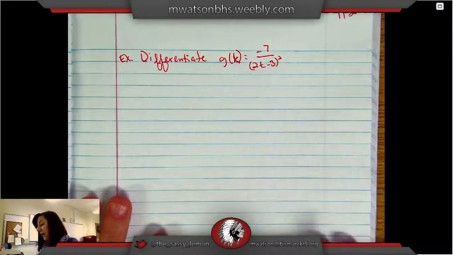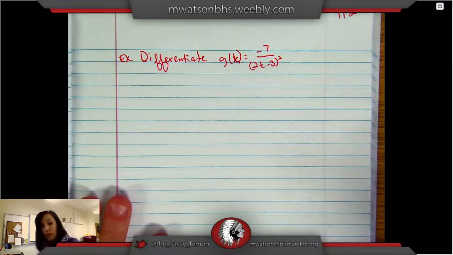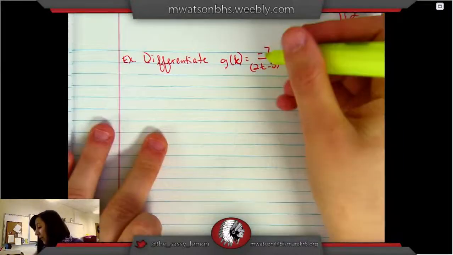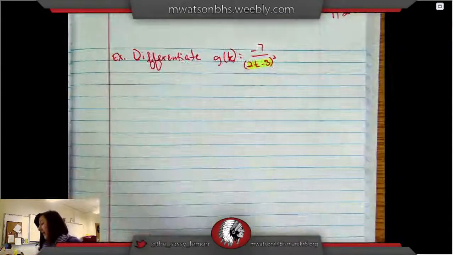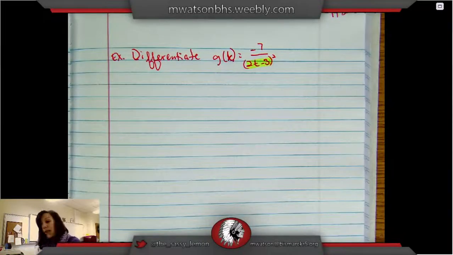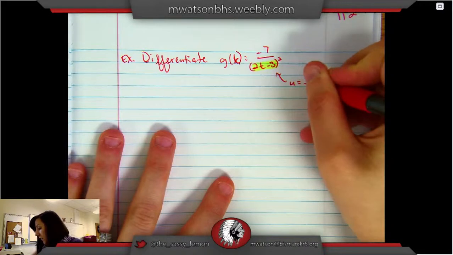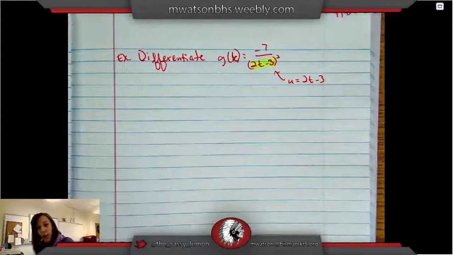Alright, so identify first what our u is going to be. Just mentally, you can identify that, well, I know this is going to be my u. And if you want to, you can even write it off to the side somewhere so that you can mentally see that's your u.